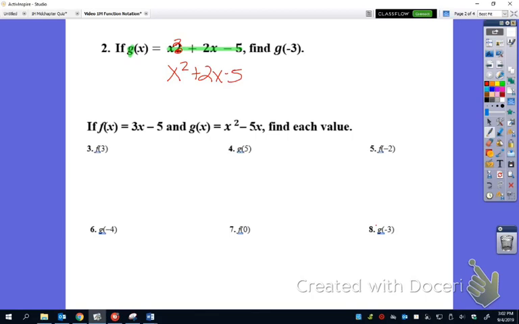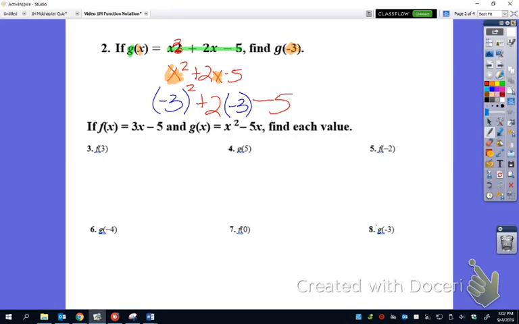Now remember, I'm going to replace wherever I see x, which is both of those x's, I'm going to plug in a negative 3. So wherever you see it, I'm going to put parentheses, okay? So negative 3, I have to bring down the little 2 outside, plus 2, and if I see 2 next to x, I do parentheses, negative 3, and then I bring down that minus 5.